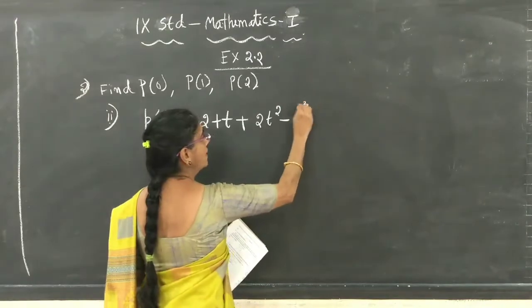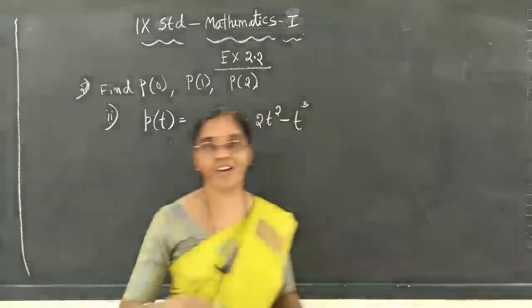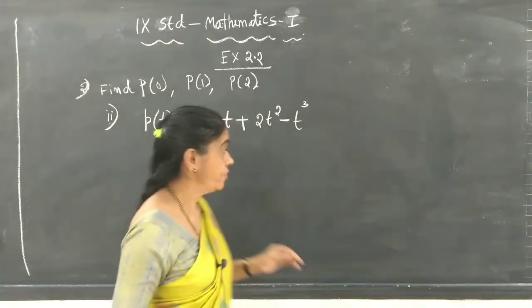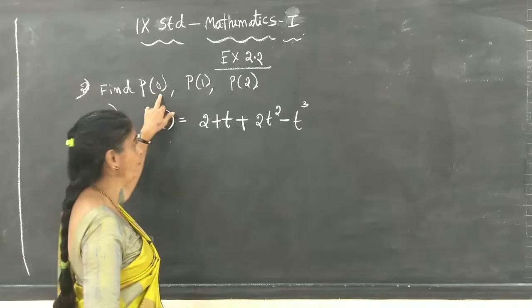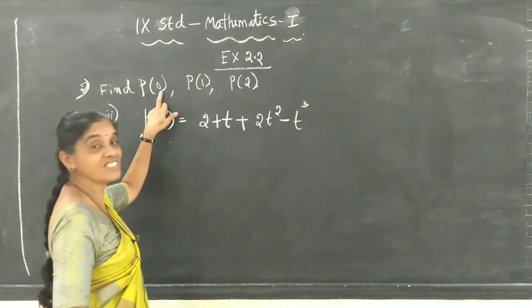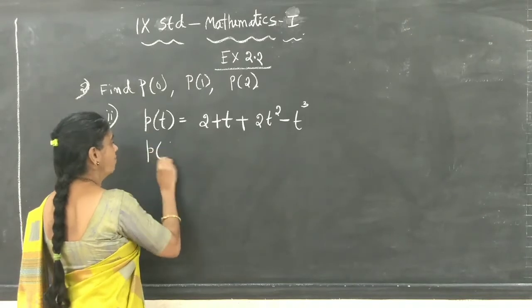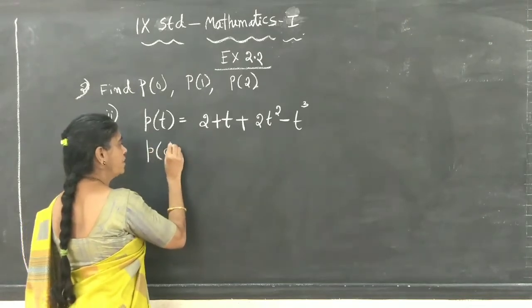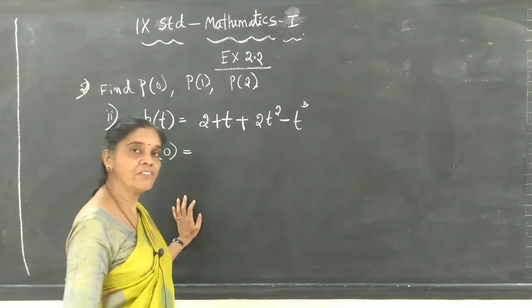This is the polynomial of variable t, and you have to find 3 values for this polynomial. First we will find the value at t equal to 0. So it is the polynomial p, the value of t should be 0, and we have to find the value of this polynomial.